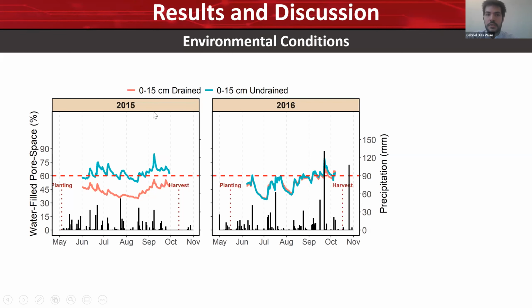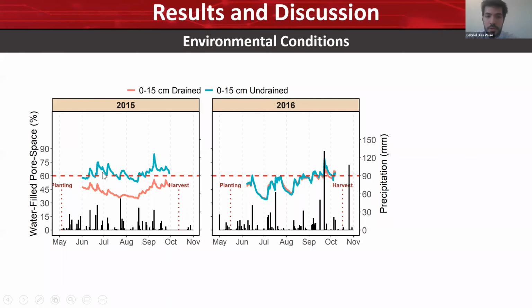Here we are looking at 2015 and 2016 because these were the most contrasting years, but we did this analysis for every single grain season. Some of the things that I would like to highlight here are, first, in 2015, we can see that indeed, undrained soils had much larger water filled pore space compared to drained.